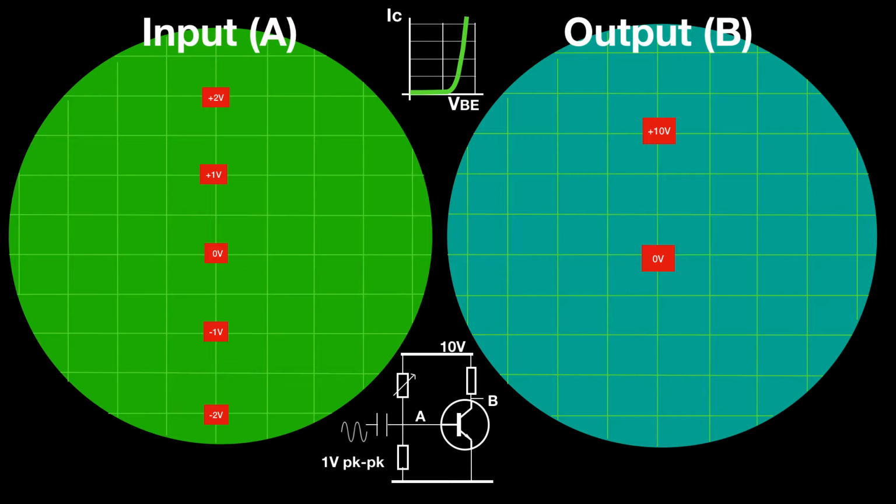And if we set the voltage at point A to be 0 volts, then the signal at the input will be like that, and the signal at the output, point B, will be a steady 10 volts. Let's focus in on those two areas. The input we've already explained.